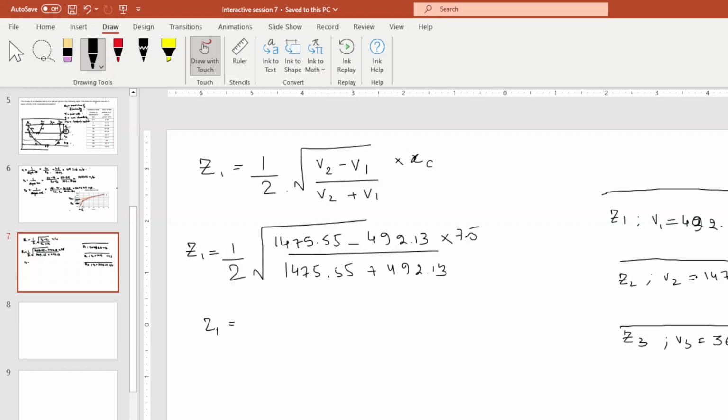So the Z2 is 1 over 2 Ti2 minus 2 Z1 square root of V3 square minus V1 square over V3 V1, multiplied by V3 V2 over under root of V3 square minus V2 square.